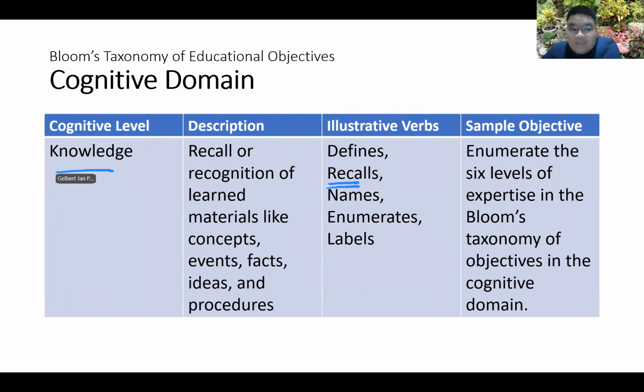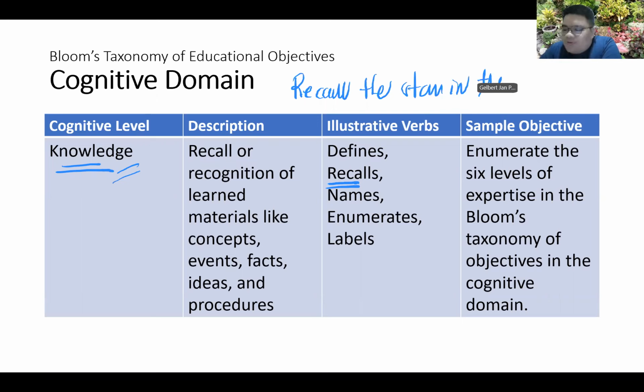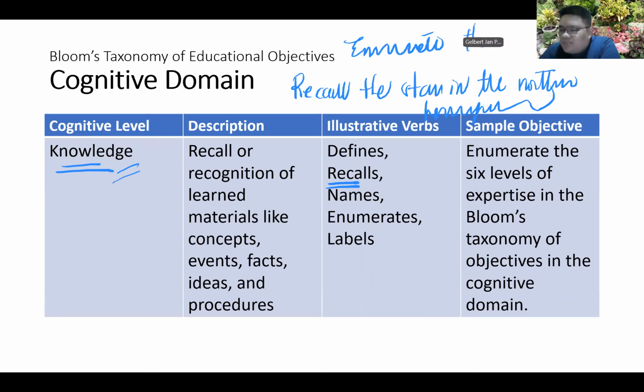Pero for the purpose of studying this and learning this first, try to remember that if you would want to assess the knowledge of the students, or if you would want the knowledge of the students to be enhanced, one of your objectives will be: the learners will be able to recall the stars in the northern hemisphere. Okay, that's one example of an objective that you can have for your lesson. Or the students will be able to enumerate the steps of the process, the steps of water processing, halimbawa. Okay, that's an example of your knowledge.